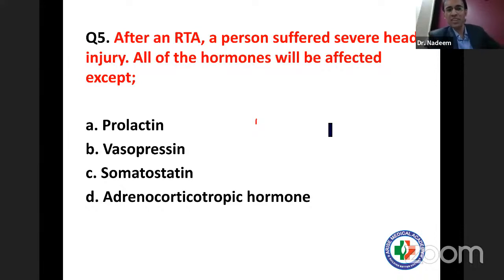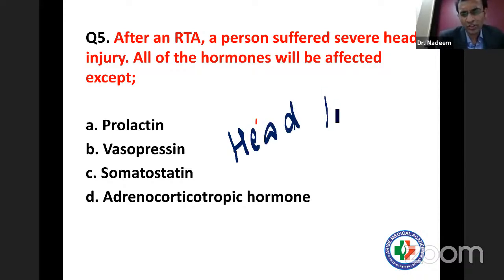Next question. After an RTA, a person suffered a severe head injury. All of the hormones will be affected except A, B, C, D. Very easy question. Use just a little bit of brain, that is more than enough to solve this question. See, I'm talking about head injury.